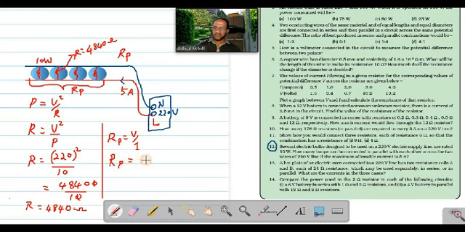That is, the effective resistance of the parallel combination is equal to 220 volt divided by current 5 ampere, which is how much? 44 ohm. Got it? Rp is equal to 44 ohm.